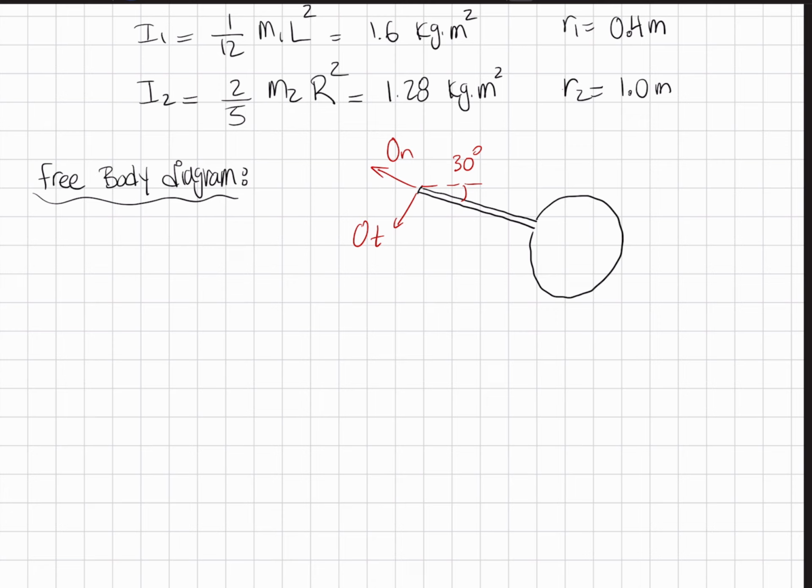In addition, I know that there are several centroids that need to be looked at here. This is distance to centroid 1. This here is distance to centroid 2. We have point G1 and point G2, with R1 and R2 measured from point O. Now, think about the problem this way.